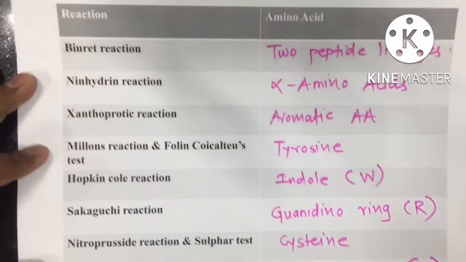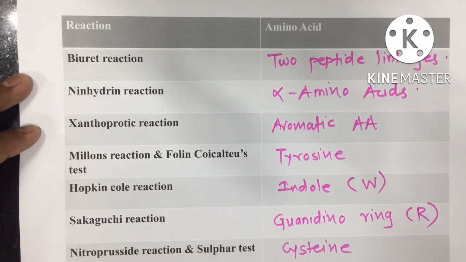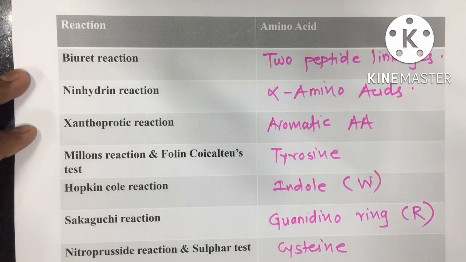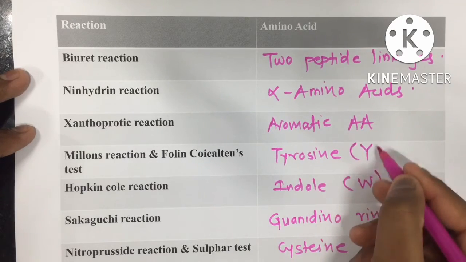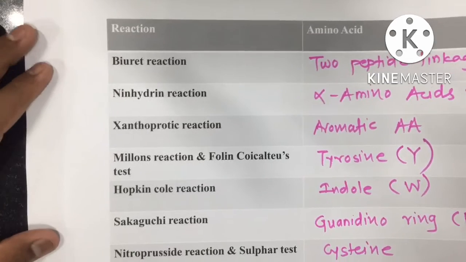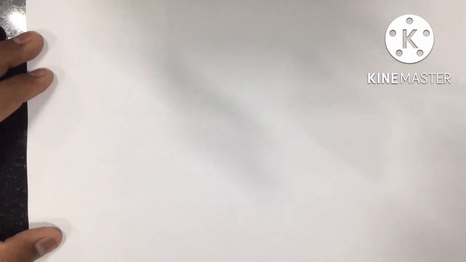So these are all the different tests, and it is very important to know which test is for which amino acid. Tyrosine is for Y. Then we will see one more important point.